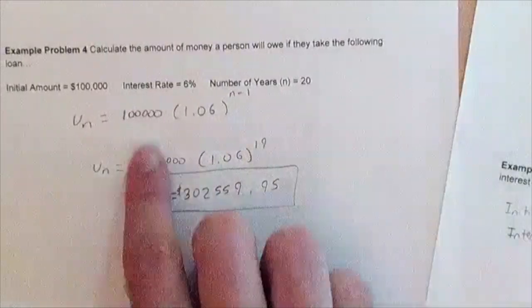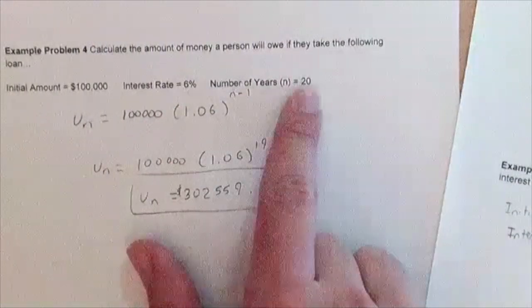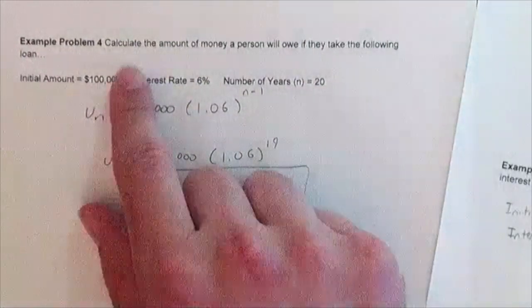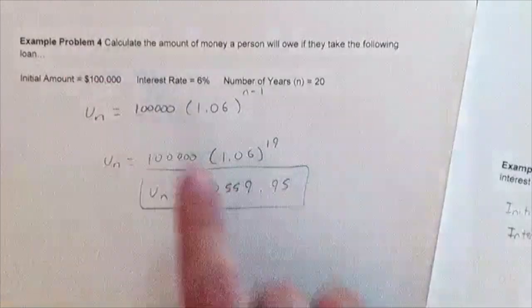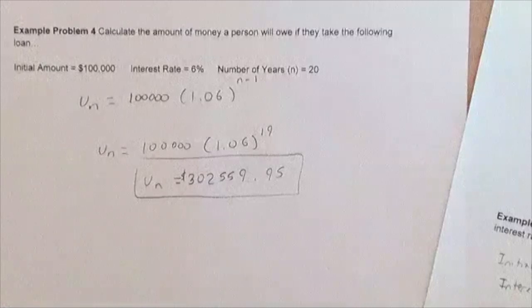But if you have a much bigger interest rate, so 6% is a really big interest rate, and you're doing it over a long period of time, that's how you really make a lot of money. So in this case, you would take out $100,000 from the bank, and you'd have to give them $300,000 in 20 years.